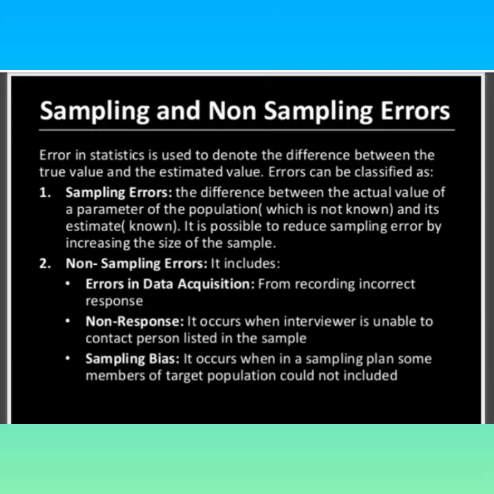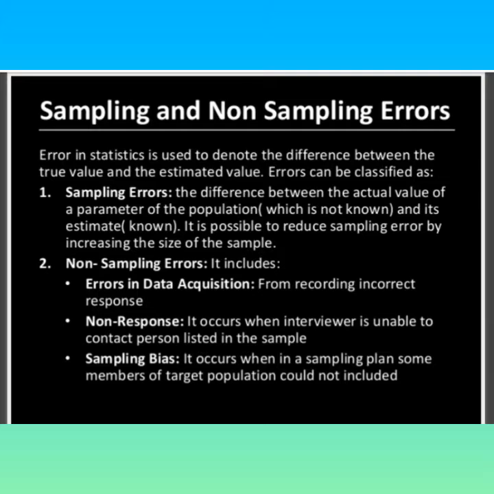Errors may occur in the process of selecting samples. If the samples are selected wrongly, sample value may differ from the population value. So the error that arises due to drawing inferences about the population on the basis of a wrong sample is known as sampling errors.